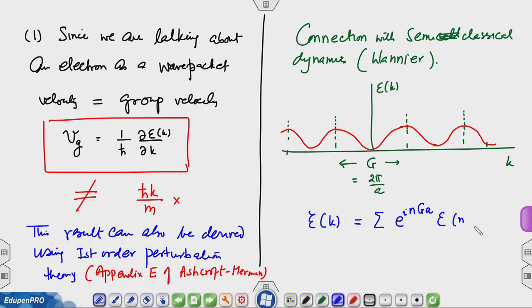Let us see, it should be e raised to i, not G a, it should be k a, it is periodic in G. So, it should be equal to summation over e raised to i n k a E n a.